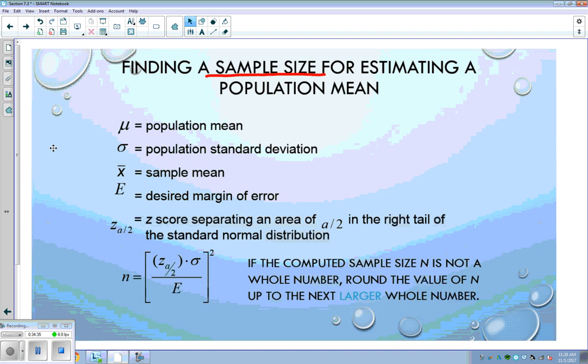E is our margin of error. And Z, alpha divided by 2, is the z-score separating them out. So there's my way of finding the sample size. And again, just like before, we're going to go up to the next larger whole number, because if I went down, I wouldn't have that minimum. Okay?